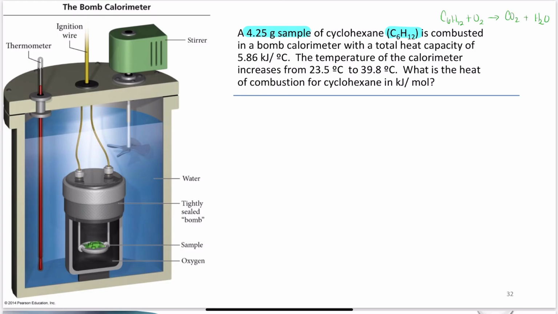In a bomb calorimeter with a total heat capacity of 5.86 kilojoules per degree C, this is your calorimeter constant. The temperature of the calorimeter was increased from 23.5 degrees C to 39.8 degrees C. What is the heat of combustion for cyclohexane in kilojoules per mole? So we put your sample in here, we burn it in the presence of oxygen, and we monitor the temperature increase.